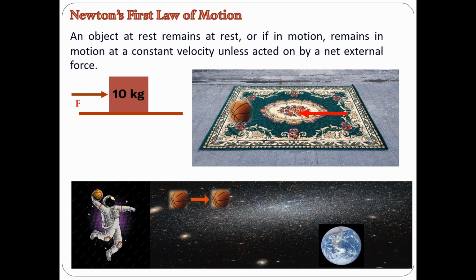Let's say the ball eventually reaches near the planet Earth. The gravity from Earth will eventually make the ball turn towards the Earth. Therefore, a net force can change the motion of the object. But if there is no net force, the ball will continue to travel straight.